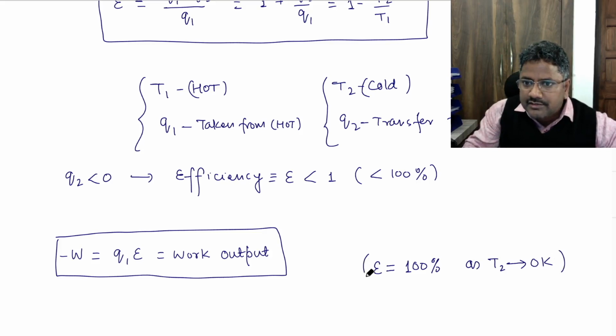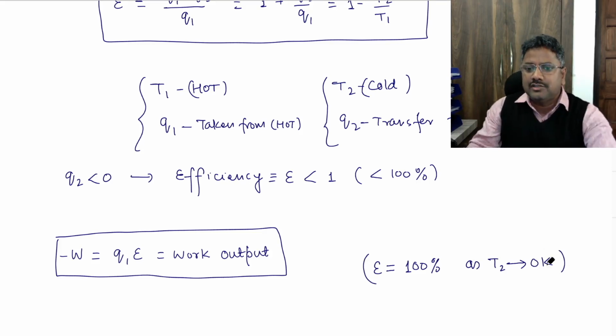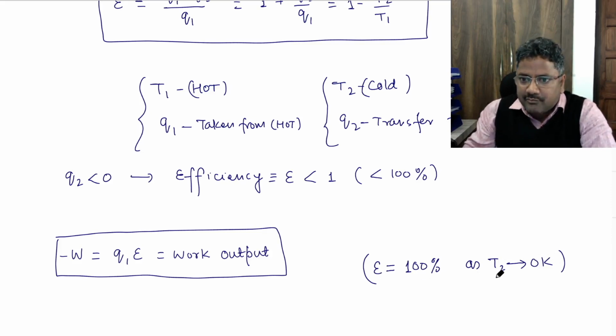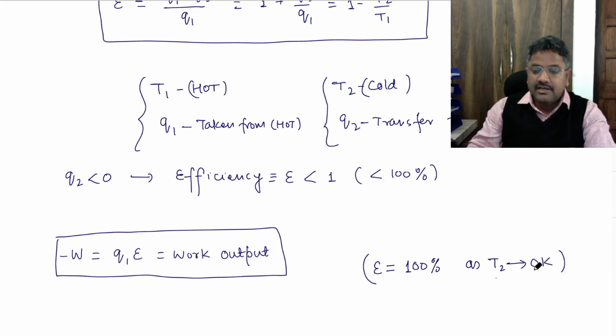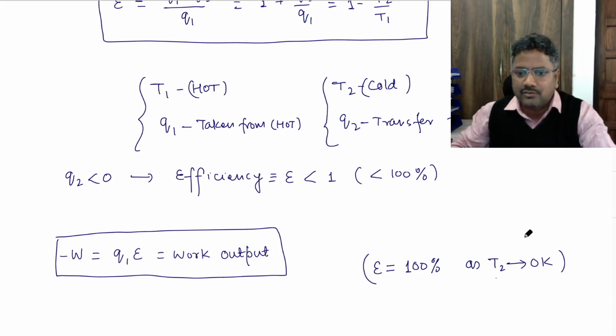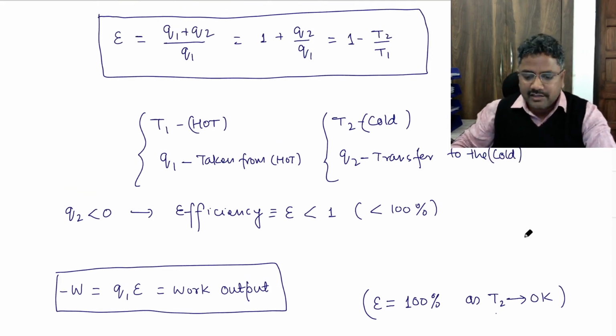So if T2 is equal to 0 Kelvin, in this situation efficiency is 100%. But from the third law of thermodynamics, you cannot approach T2 equal to 0 Kelvin. So that puts the restriction here. Theoretically you can say efficiency may be equal to 100% if you take T2 equal to 0 Kelvin, but this is not possible, right?